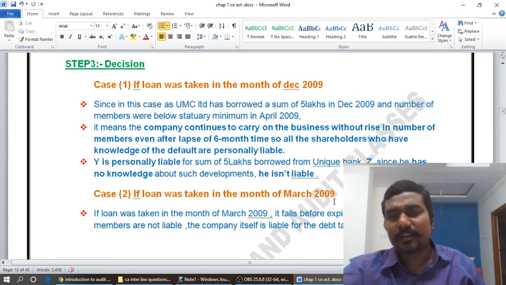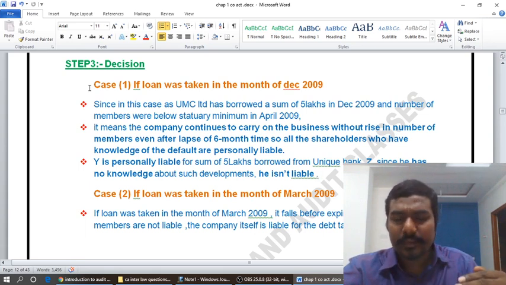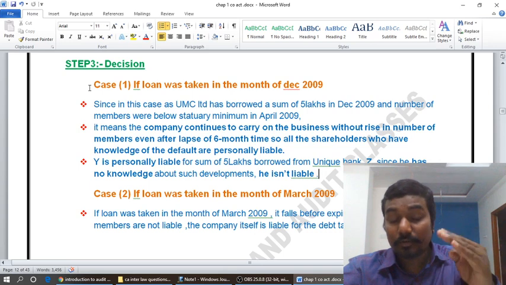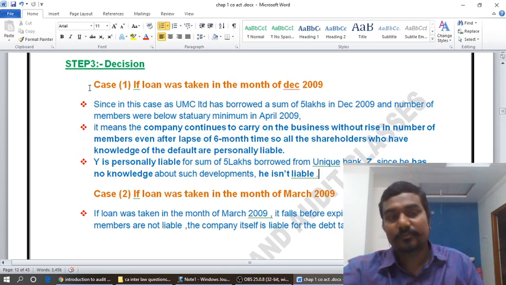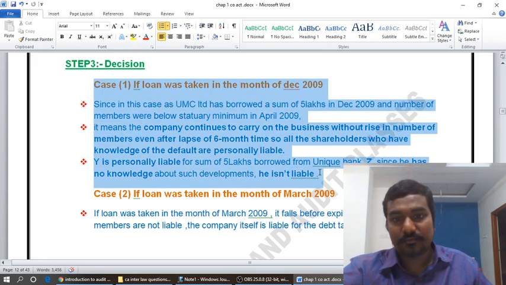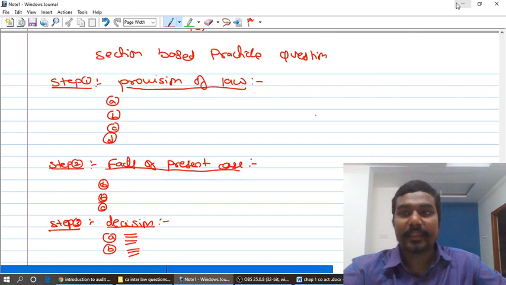So who is liable? The company will be liable. So in step number 3, we should divide the answer into paragraphs. If he gives 3 questions in the exam, we have to divide into 3 paragraphs. If the question gives only 2 questions, divide it into 2 paragraphs. This is how you have to answer the questions in the exam.